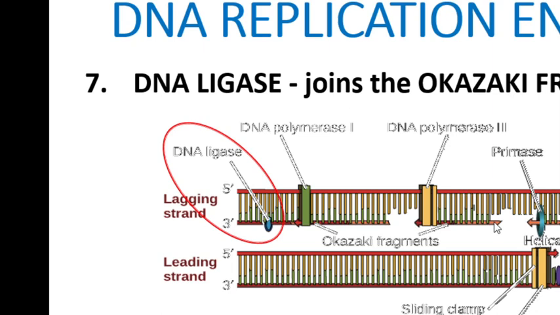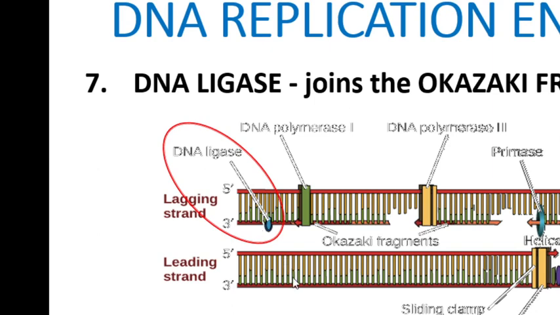Okay, so in your lagging strand, actually, we have different parts into which you are just going to have many RNA primers. So it means that depending on how long your strand is, I will put an RNA primer here, and then my DNA polymerase 1 will replace my RNA primer, and then it will be extended by my polymerase 3, but it won't reach until the end. So you will have another RNA primer in this area, and then it will be extended by the DNA polymerase, and then I will just have another RNA primase, and then I will just be extended again.